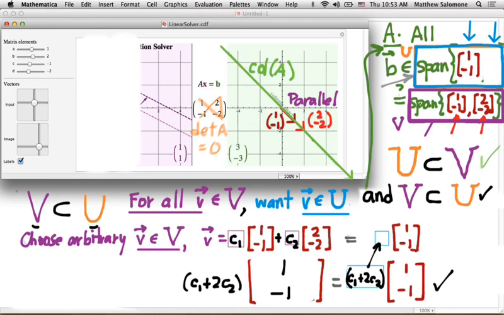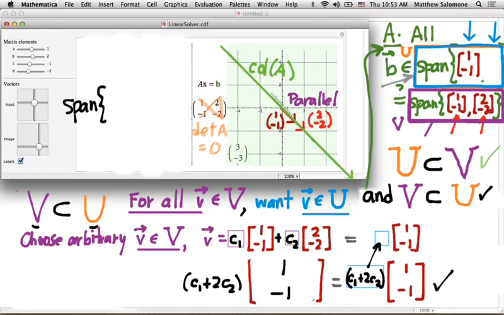What we've really shown is that the span of just the vector 1, negative 1 is the same set as the span of both the vectors 1, negative 1 and 2, negative 2.